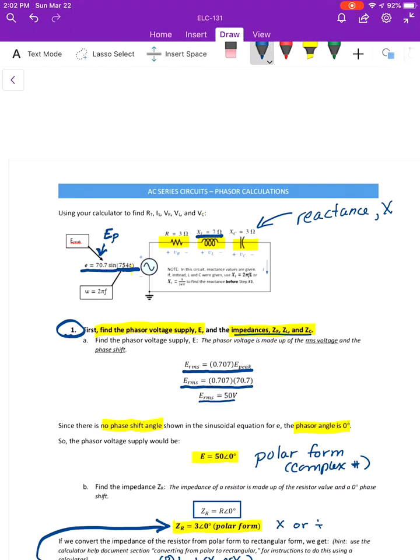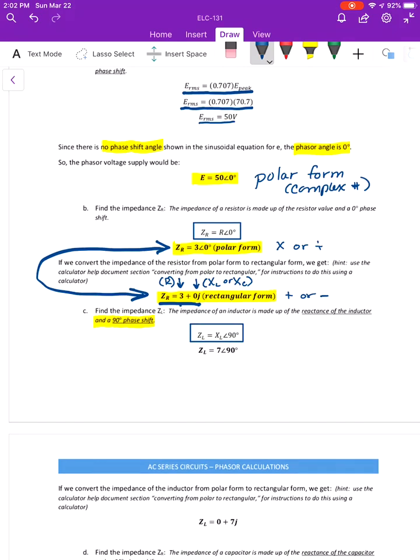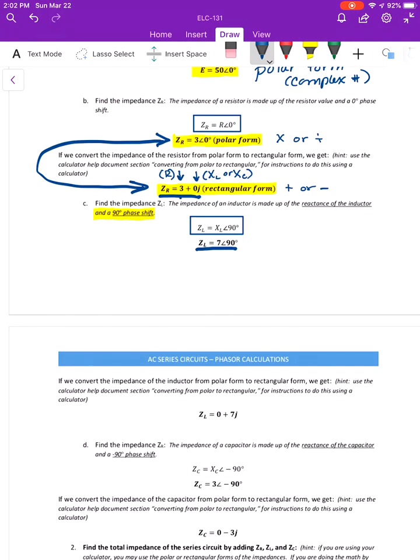The reactance is 7 ohms. So ZL is just going to be 7 at plus 90, in polar form, and if we convert that to rectangular form, we get 0 plus 7j. So it's a positive 90 here, it's a plus 7j here. That plus is our positive 90 degrees.